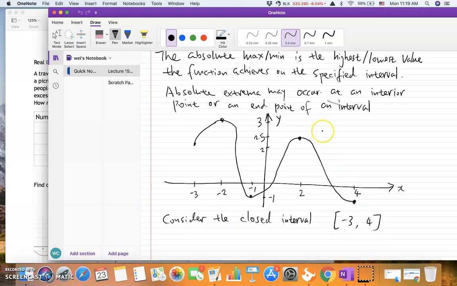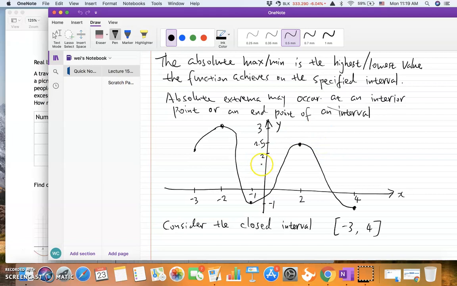So based on this definition, if we want to find the absolute maximum of this function, we should look for the highest point, right? The highest point is here. Let me use a different color.